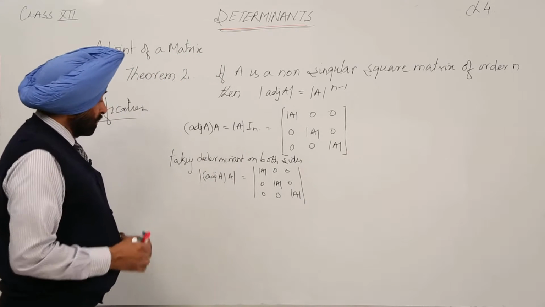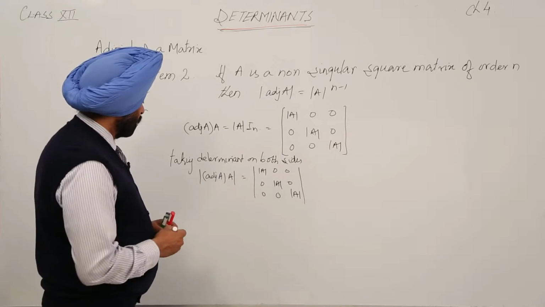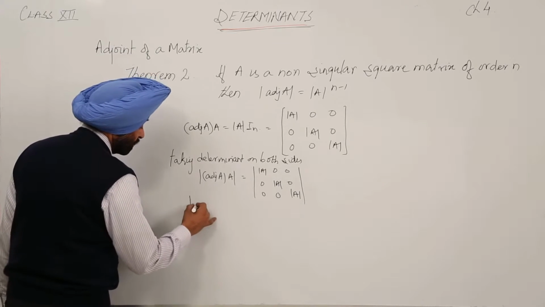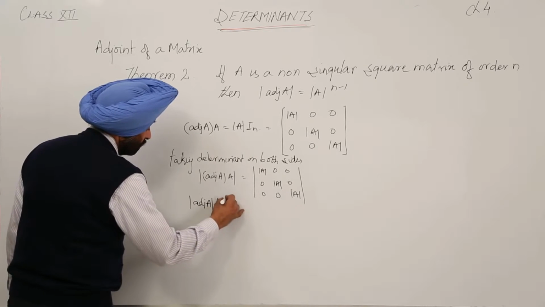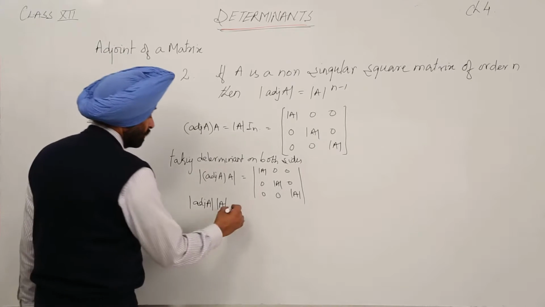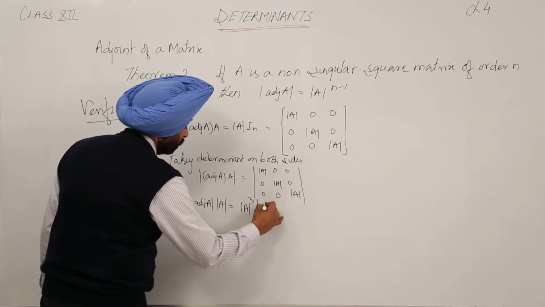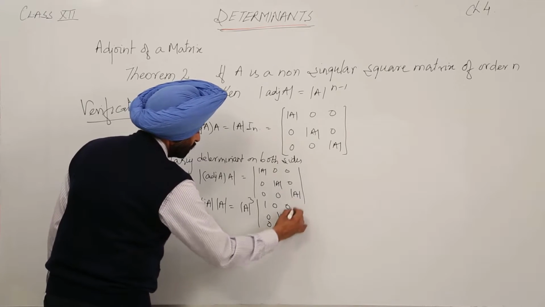Okay, so now we are having this part. Now this becomes what? Again we are going to use a property. Now this becomes adjoint A with determinant of A cube, 1 0 0, 0 1 0, 0 0 1.